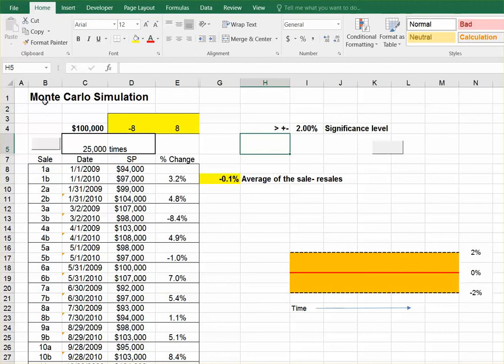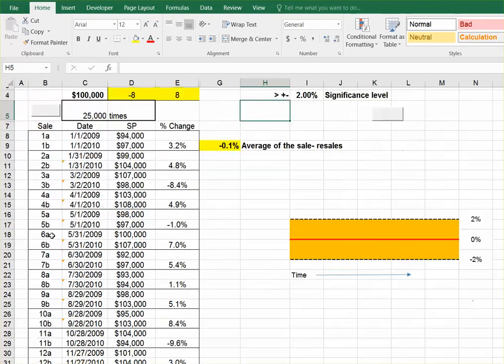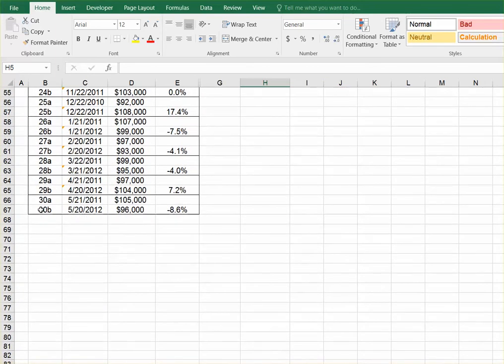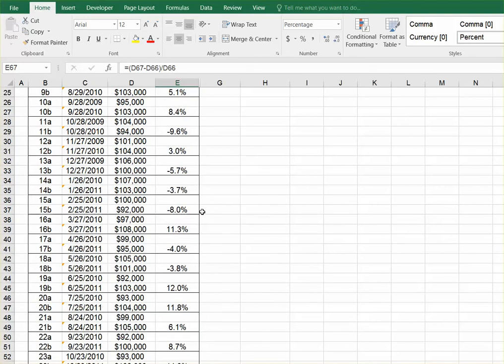He titled it Monte Carlo simulation. We can see here we've got up to 30 sets of sales. See 30A and 30B, those two would be compared to each other, and then it shows what their appreciation is in a year.